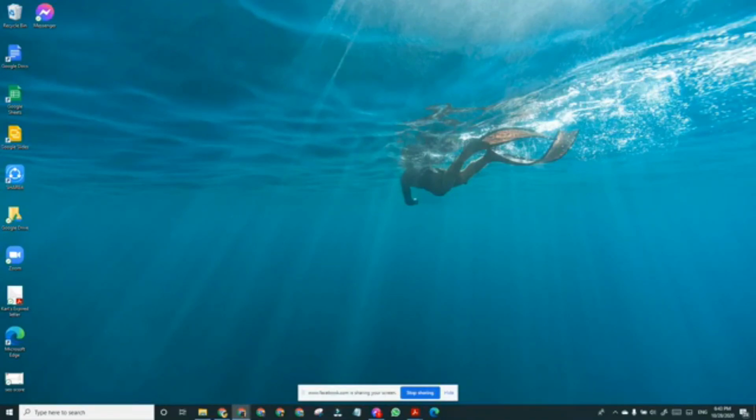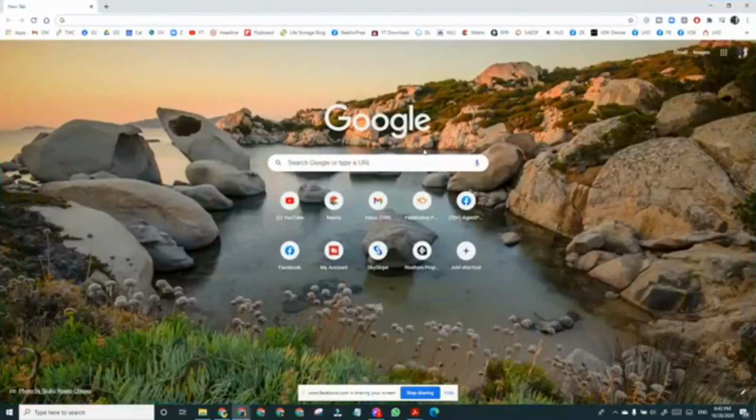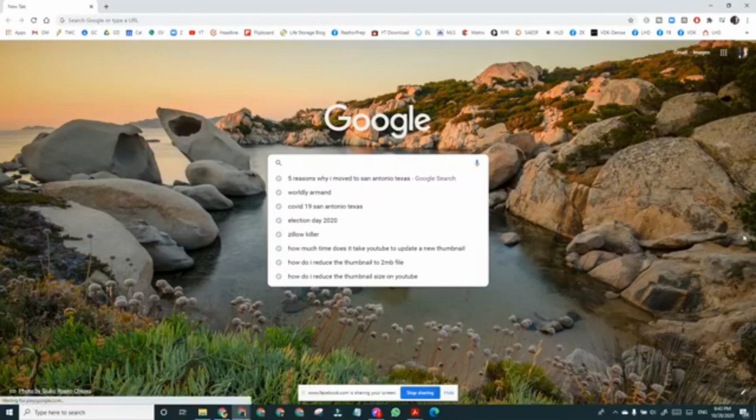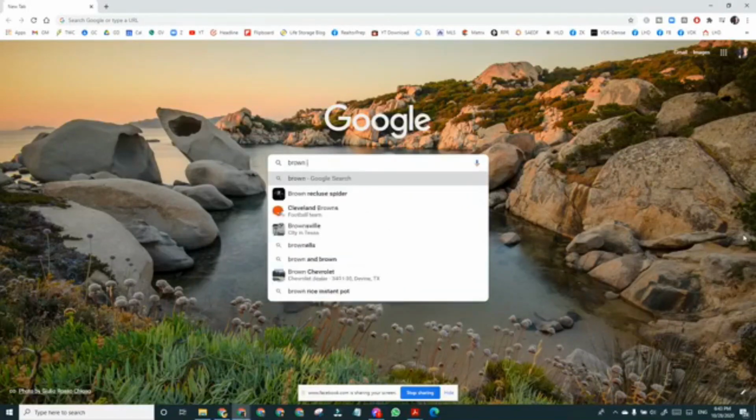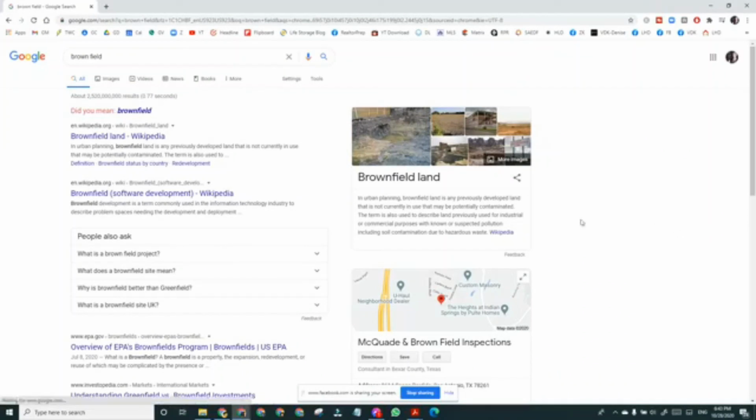Hold on, let me get a tab over here. All right, just go to Google and type brownfield. In urban planning, brownfield land is any previously developed land that is not currently in use that may be potentially contaminated.